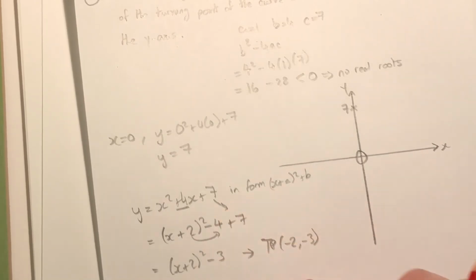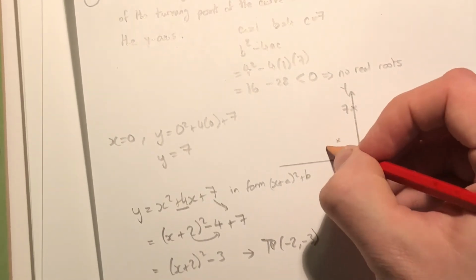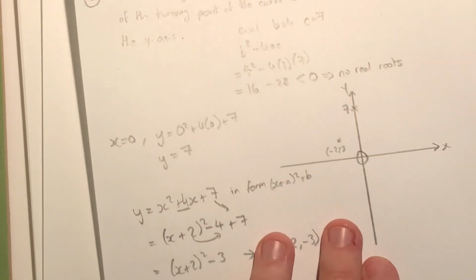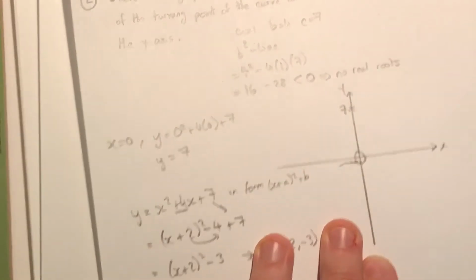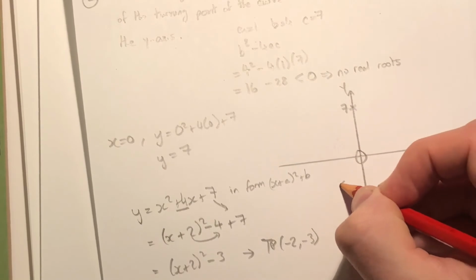Okay, so that's us. We've now worked out the turning point. We've worked out the y-intercept. Let's just put the turning point in. Minus 2, 3, maybe there. Minus 2, no it wouldn't. Sorry, it's minus 2, minus 3. See, again, it's me making mistakes. Happens to us all. Okay, so minus 2, minus 3 is down here.